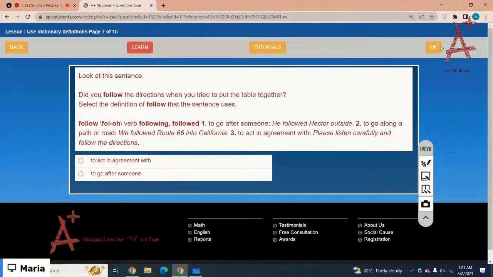Okay, the next one: look at this sentence. Did you follow the directions when you tried to put the table together?